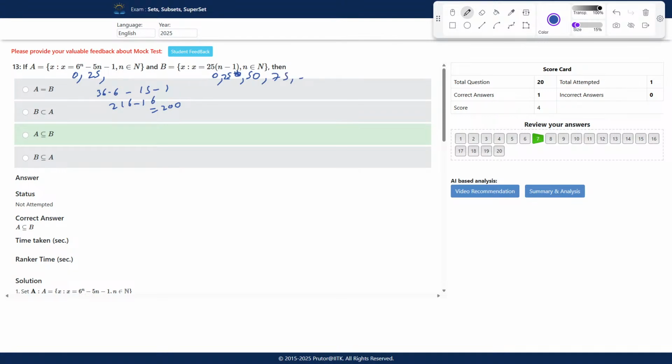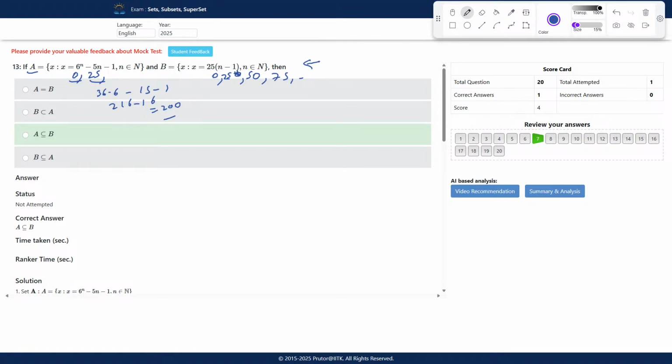Now try to observe that all the elements of set A, 0, 25 and so on, also belong to set B. So this satisfies the definition of a subset. Clear? A is a subset of B. I hope it is clear.